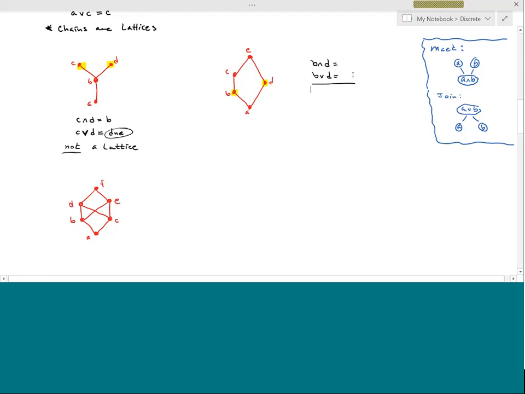And remember what the join is: it's the least upper bound. So you have to go up from both of them to get to the first element in common. From B, you go up to C. But from D, you can't get over to C, so you have to go one further up. So it actually turns out to be E for the join here.